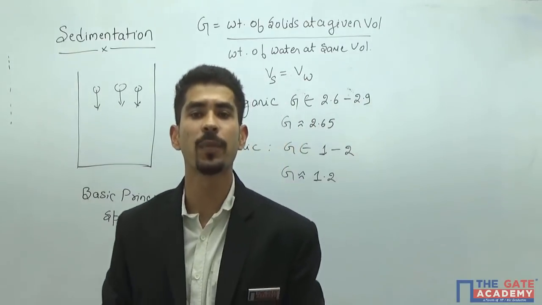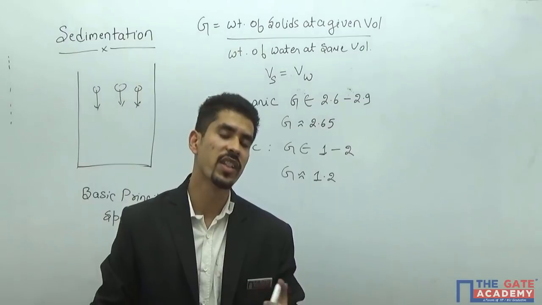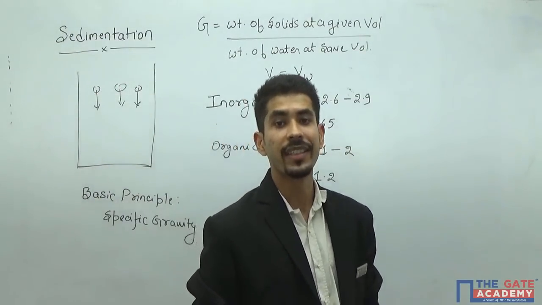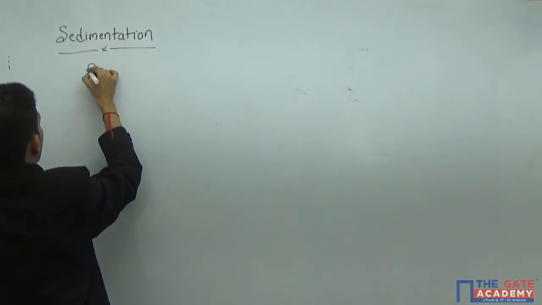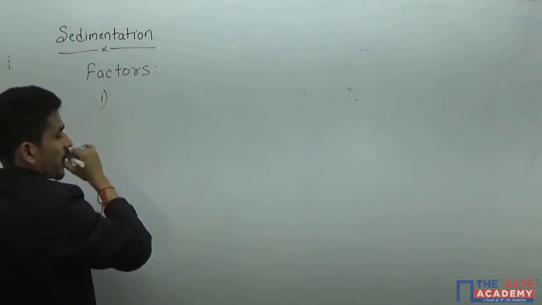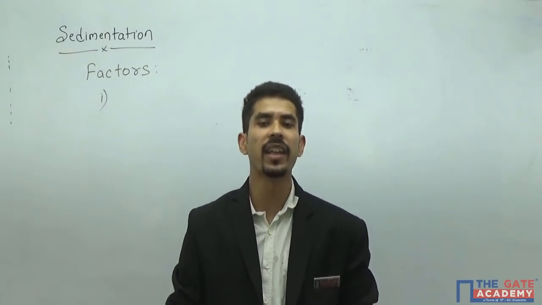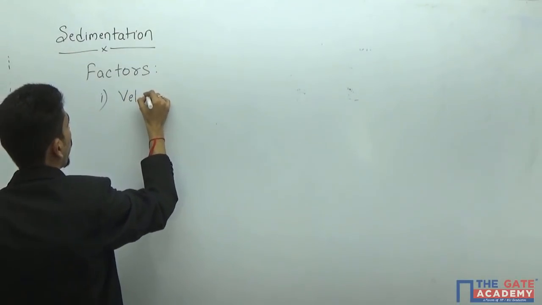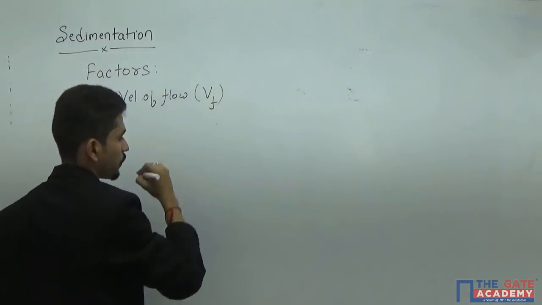Coming to the next part, the important part: what are the factors which govern the sedimentation process? The first factor is the velocity of flow in the sedimentation tank, we call it Vf.